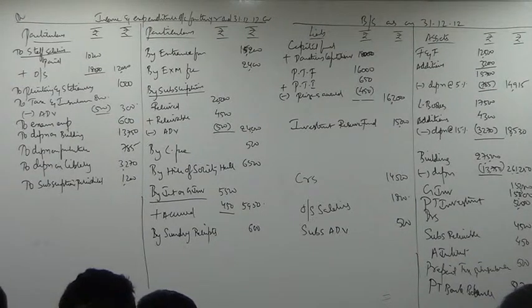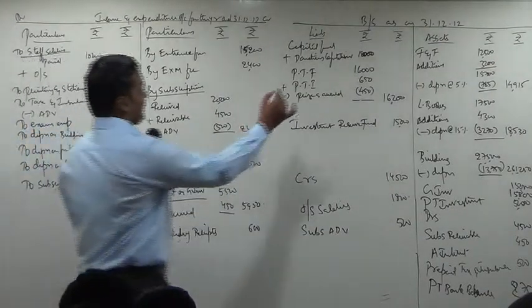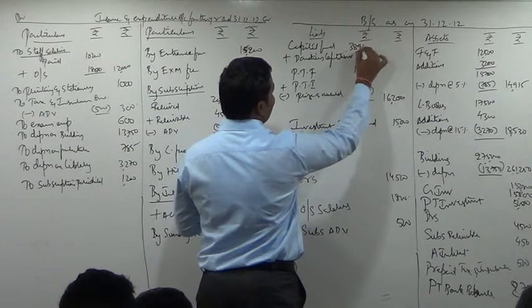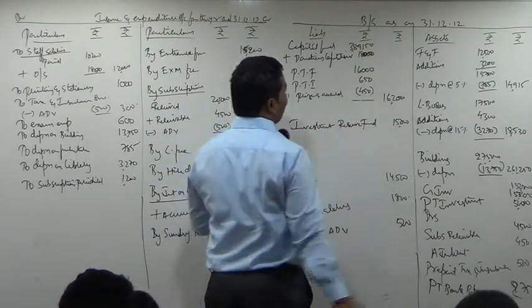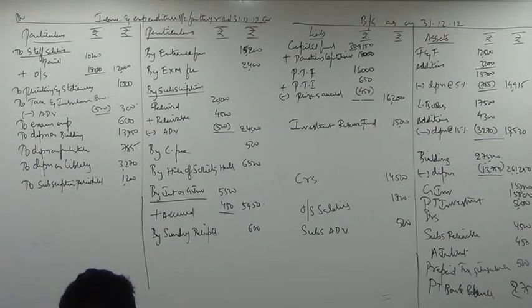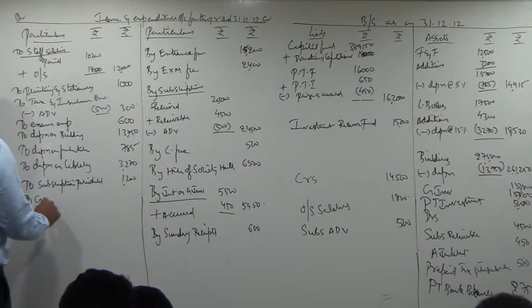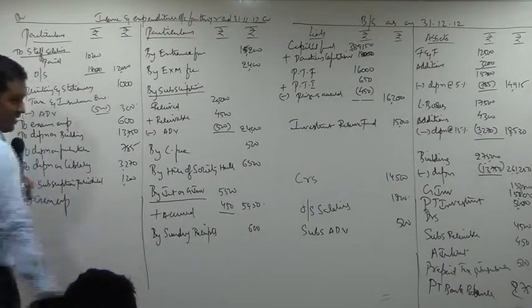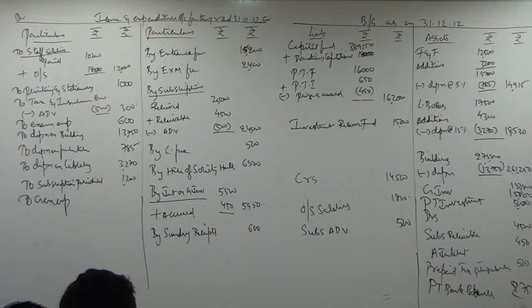Next. Capital fund 389,150. I forgot some general expenses. Okay. General expenses 375. Do you have any prepaid or outstanding?